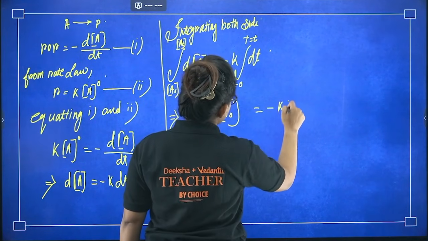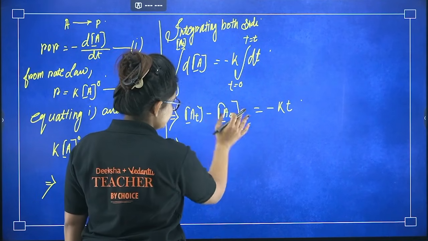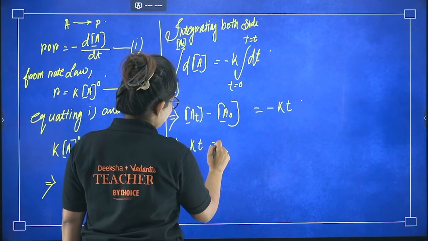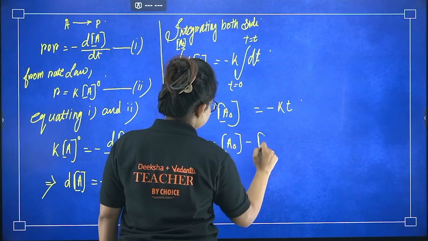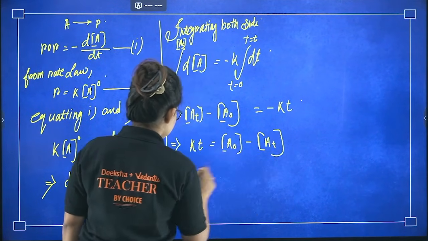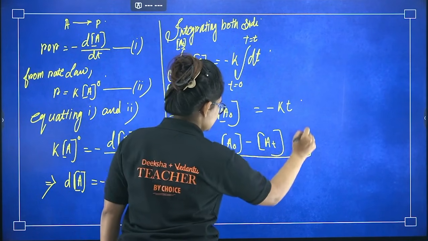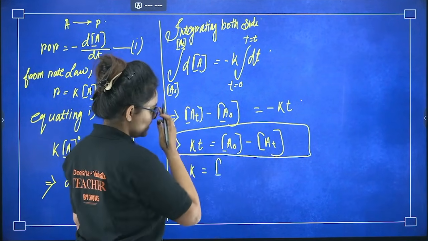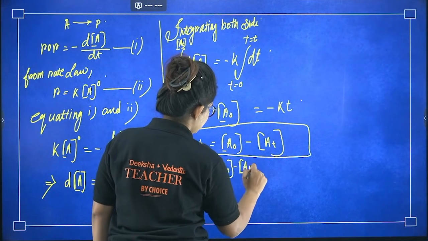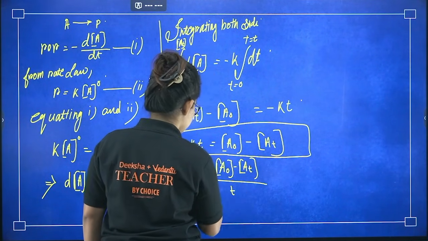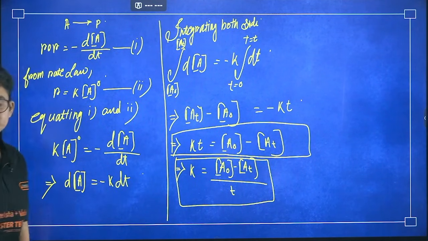If I adjust this sign here and there, it will give you kt equals A0 minus At. From here you can write k equals A0 minus At divided by t. This is the equation that was given in the last slide, and this is the equation that can help you solve numerical problems.